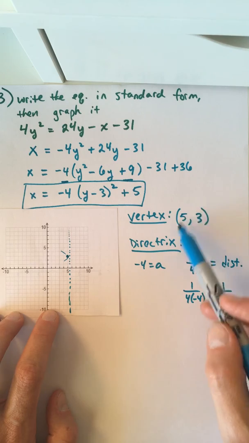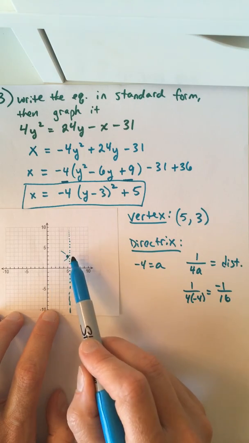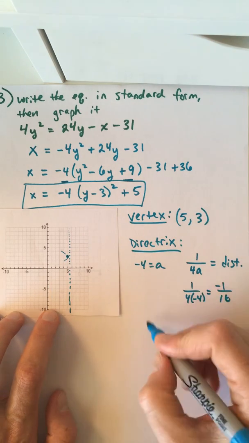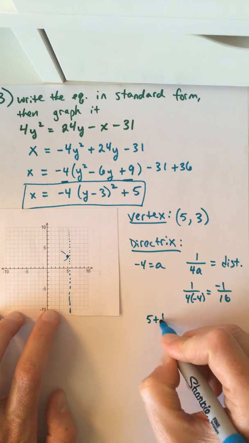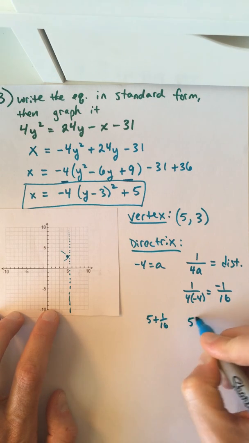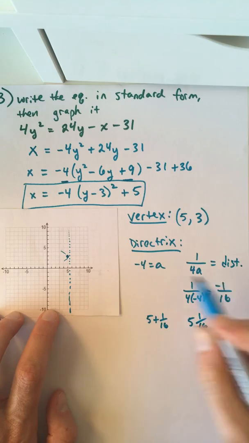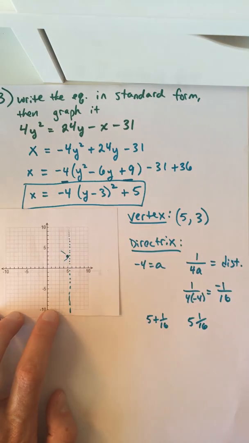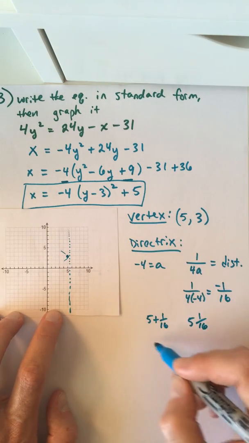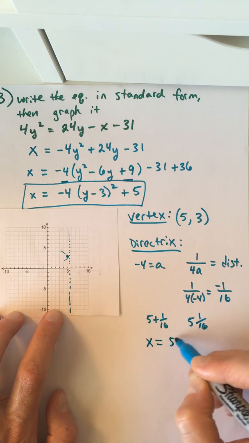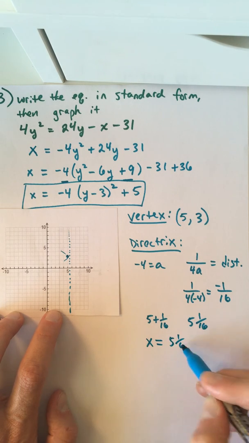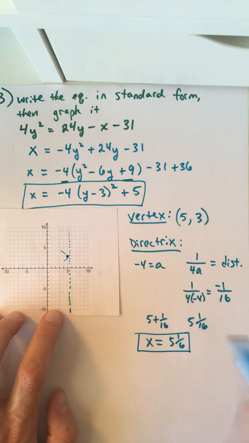So we can think about the x value 5 plus 1/16. So I'm just going to call that 5 and 1/16. That is the equation of the line. It goes through the x-axis, so we're going to call it x equals 5 and 1/16. That's our equation of our directrix.